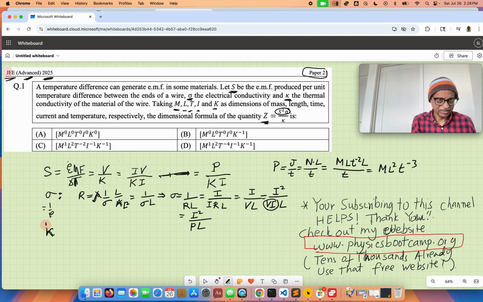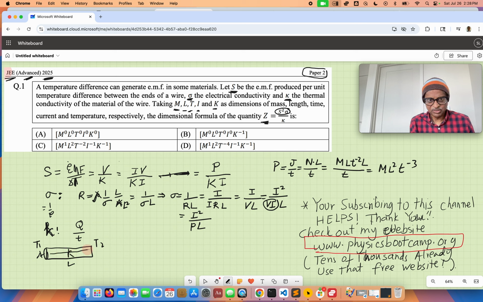Kappa, let's write it so it looks a little different, like a script A or something. This will come from heat over time. If you look at a rod of area A and length L, with one side kept at temperature T1 and the other at T2, the question is how much heat is going to transfer from this end to that per unit time.